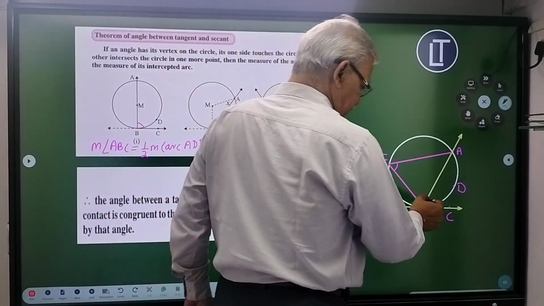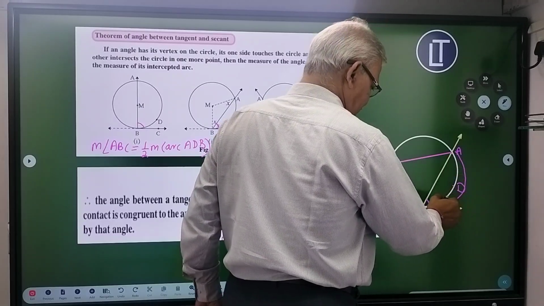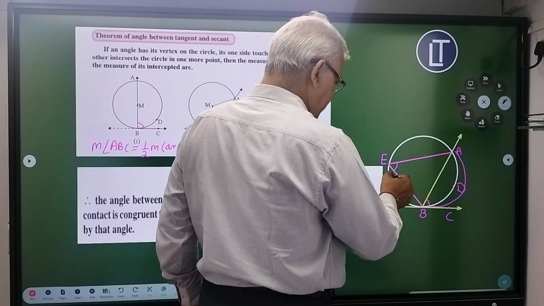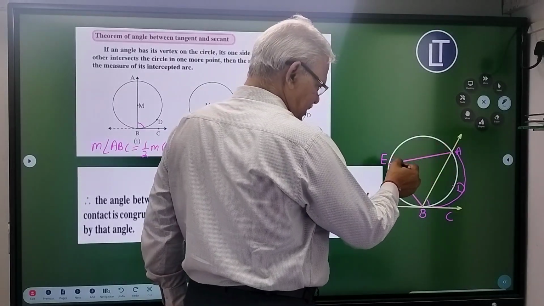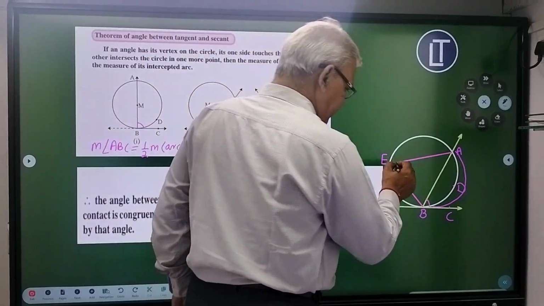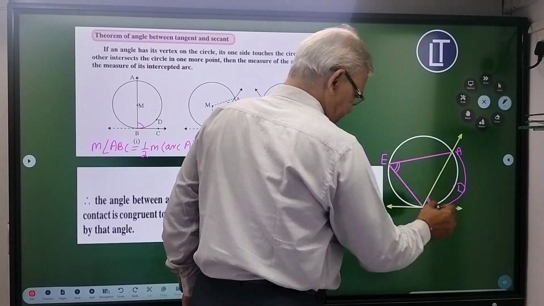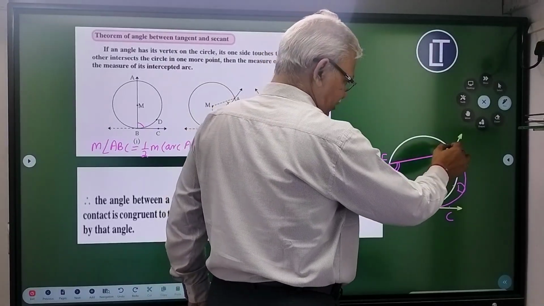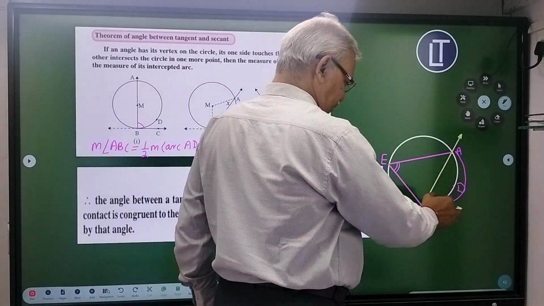Now see here, this is the tangent BC and BA is a chord. This angle intercepts this arc, and opposite to this arc is BEA, in which angle AEB is inscribed. Therefore, this angle is equal to this, as this angle, from the inscribed angle theorem, is also half of the arc intercepted, that is ADB.